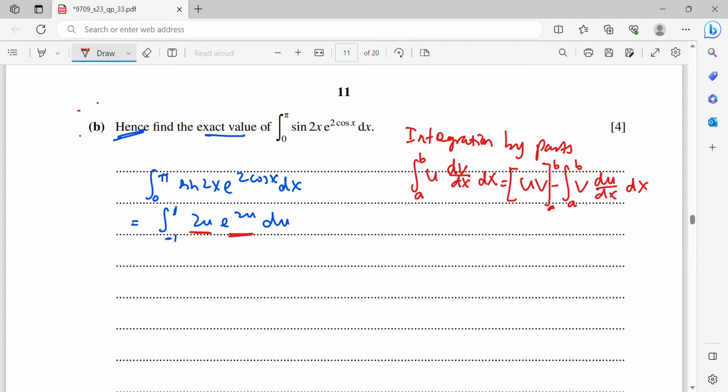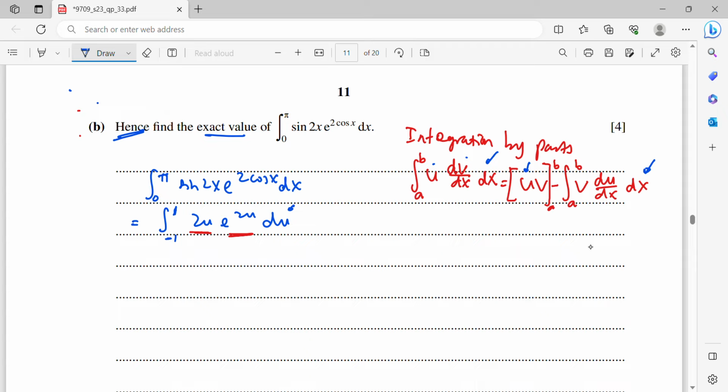Alright, so now to decide the u, it is always the algebraic term. Algebraic means polynomial. Here is dx, therefore u dv over dx. But now here it is du, which means instead of u in the by parts formula, I will change the u to another letter, let's say w.